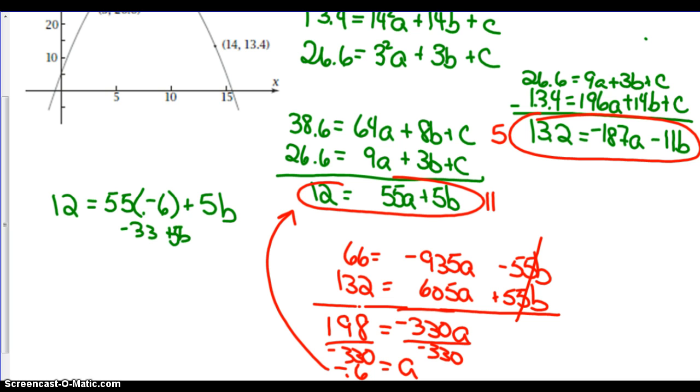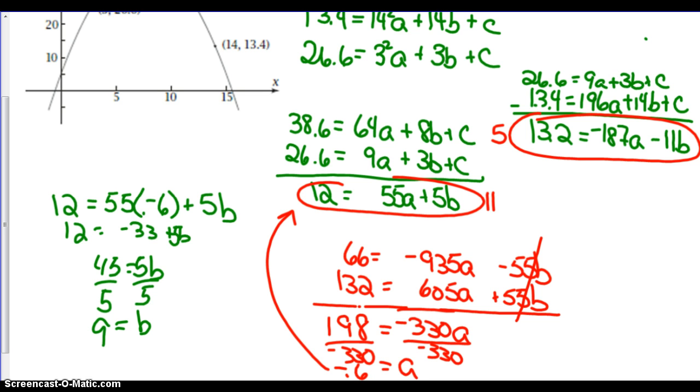Add that over, and I'm going to end up with 5b is 45. Oops, I did not divide by 5. Divide by 5, and b is 9.